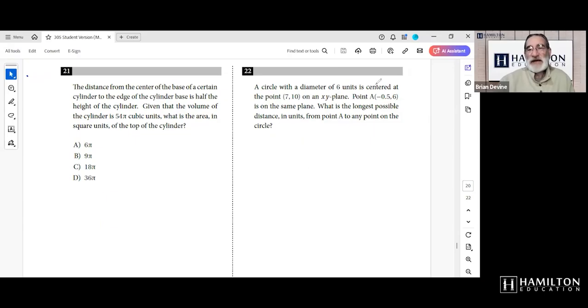Number 22. A circle with a diameter 6 is centered at the point 7, 10. And there's some point A at negative 1/2, 6 on the same plane. And I want to know, what is the longest possible distance in units from A to a point on the circle? Well, I'm going to draw this because the picture tells the story quite quickly.